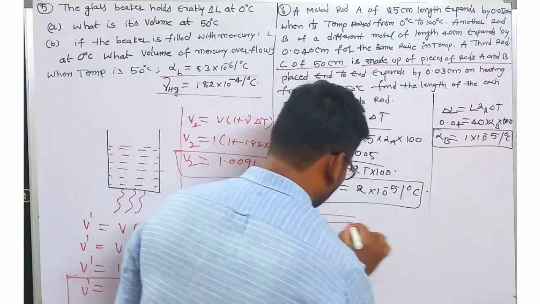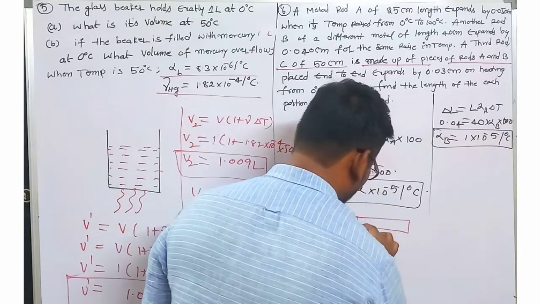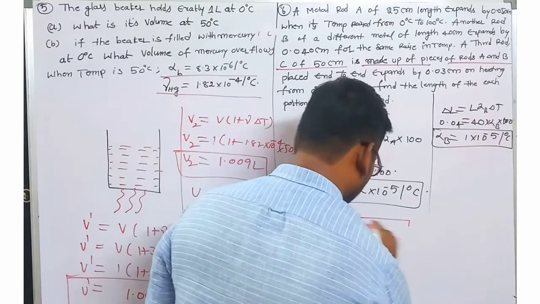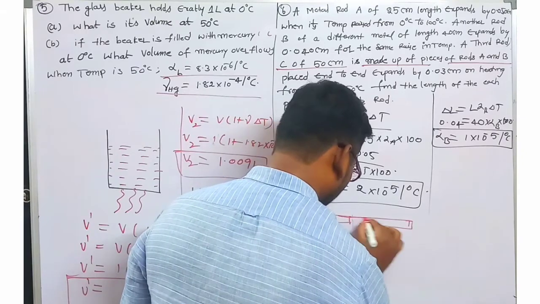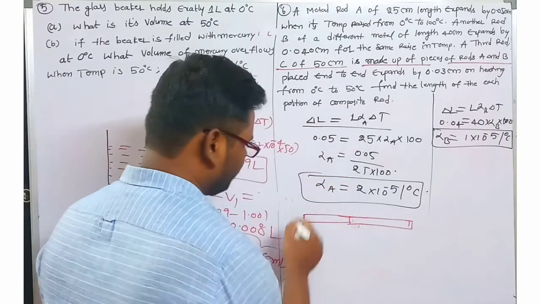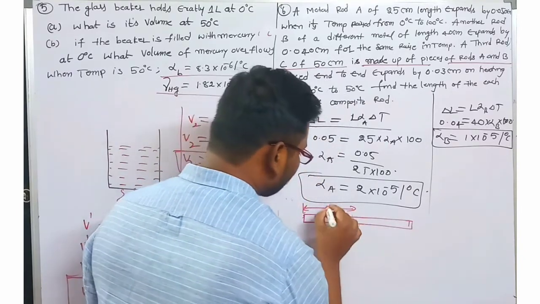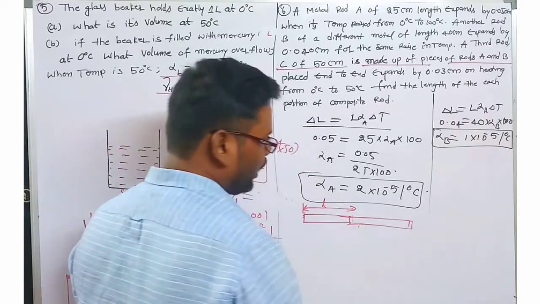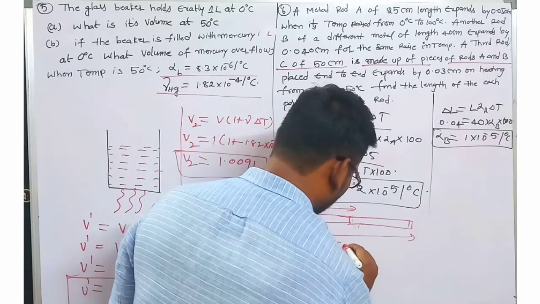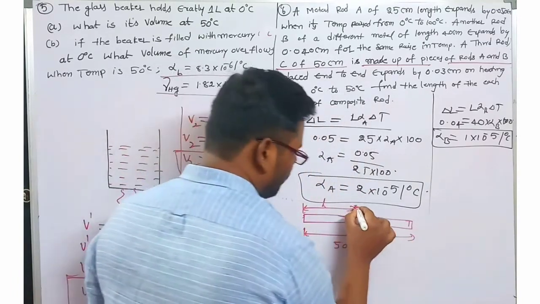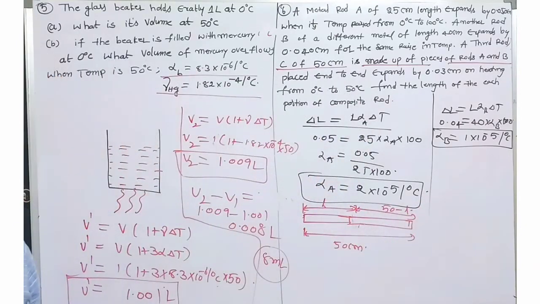So this is a combination of rod A and rod B. Here rod A has a length L, the total length of the rod is 50 centimeters, and rod B is 50 minus L.